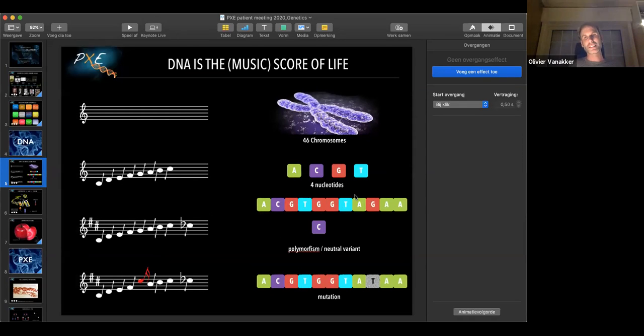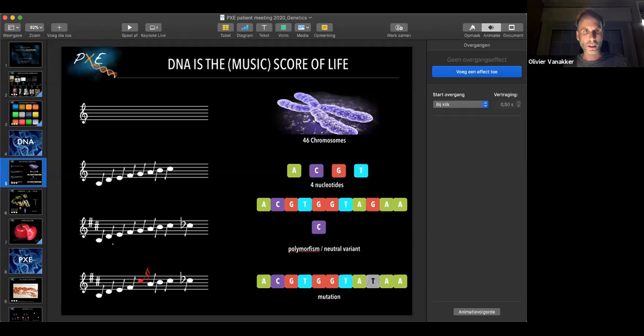These letters form a strand of about 3 billion of these letters all together with genetic code. And then you can see that if you have a music score, there's not just the notes, there are other symbols on there that enrich the music. And this is also in your genetic material. Sometimes there is a change in a letter, a variation that does not cause disease, but just makes us all a bit different.